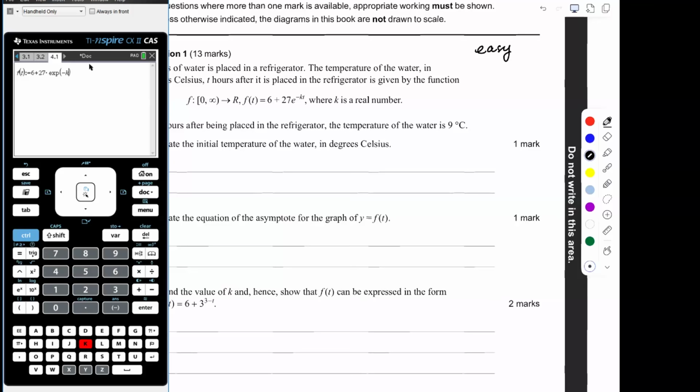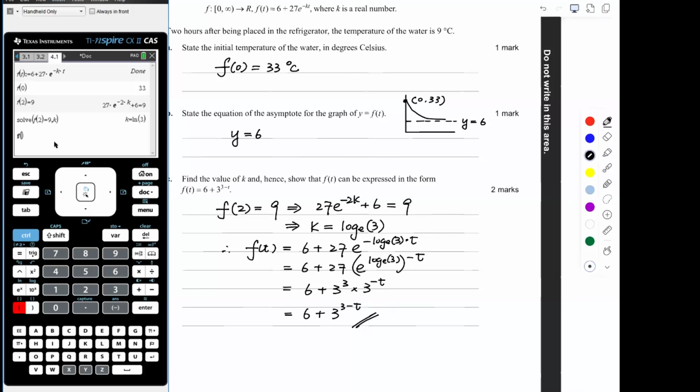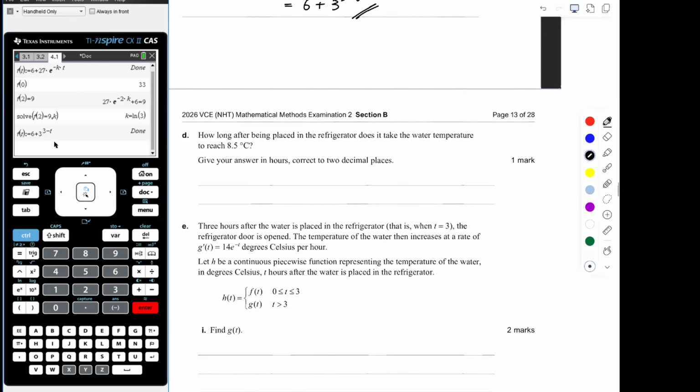So you probably need to get a correct value of k and then show the substitution and a successful manipulation into the required form. And now you can also define f of t again as 6 plus 3 to the power 3 minus t. And how long after being placed in the refrigerator does it take the water temperature to reach 8.5?